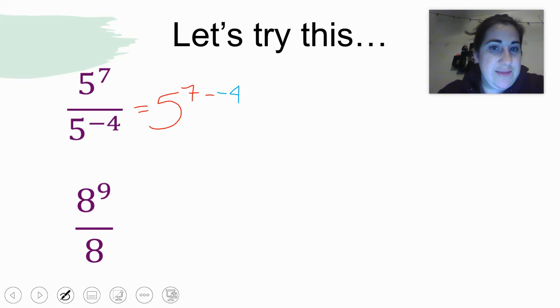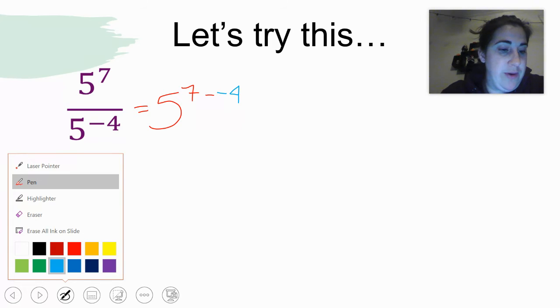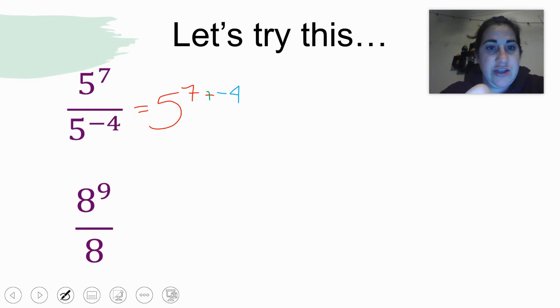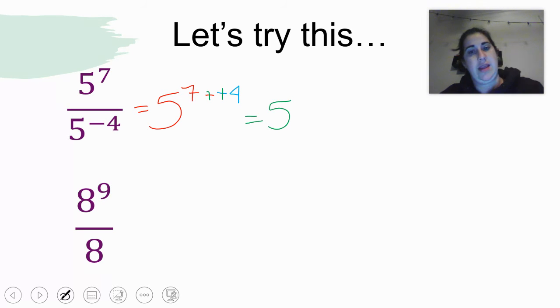Okay? So I'm actually subtracting a negative. So if you guys remember, we're going to keep change. So this is actually 5 to the 11th power. Okay? So what does that actually look like?